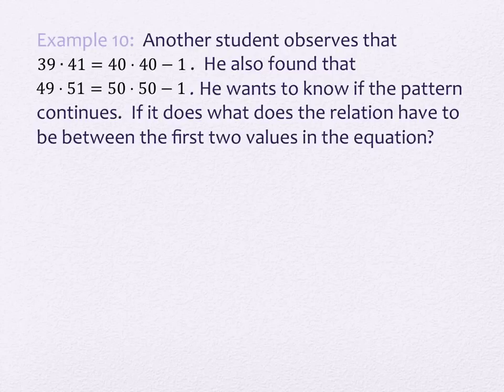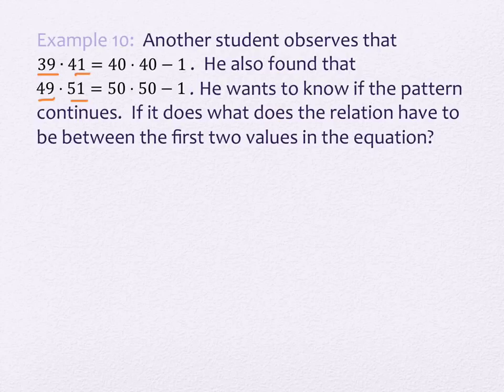So, interesting question. One of the things that we would notice right now quickly is that the pattern that the student is using is that the 2 numbers are 1 apart. I'm sorry, not 1, I shouldn't say it that way. They're 2 apart. So when you compare 39 and 41 or 49 and 51, there's exactly 1 number in between, right? So there is a relationship there that is important to realize. So when we talk about a pattern, that's the first thing that we're noticing.